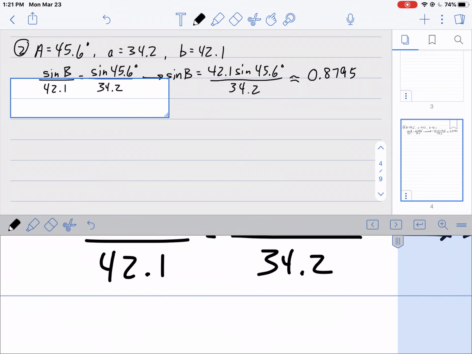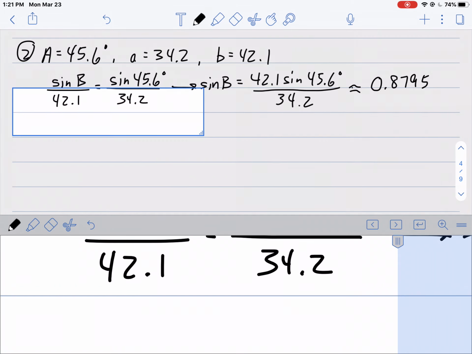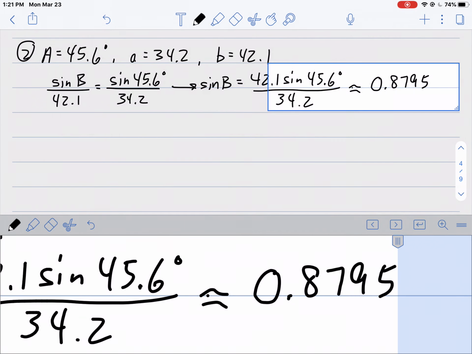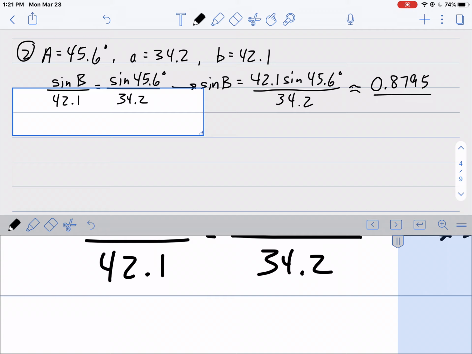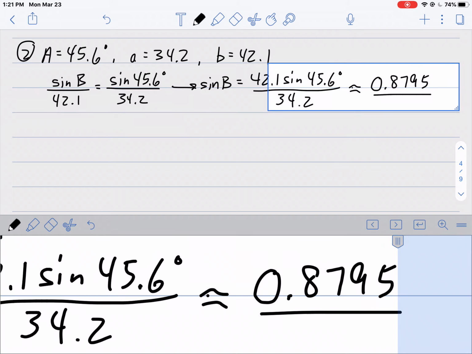Okay. Now that's perfectly within our range of the sine function, right? So now we have to play the game that we were playing before in that previous section when we were solving equations. Because now I'm looking for the measures of angle B. I'm looking for angles B whose sine is 0.8795. And we know there's two of them, right?